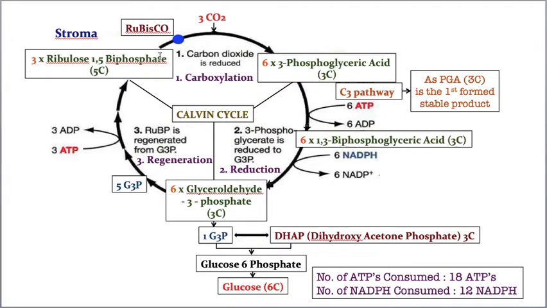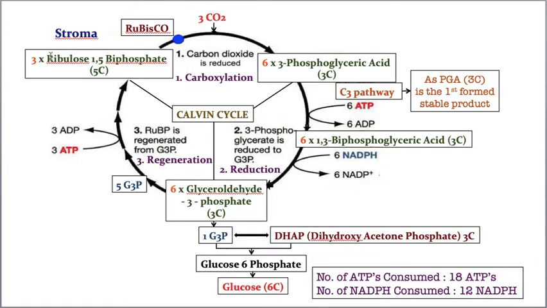Every time you can't write ribulose 1,5 bisphosphate, so the simple abbreviated form is RUBP. Okay, you understood now?